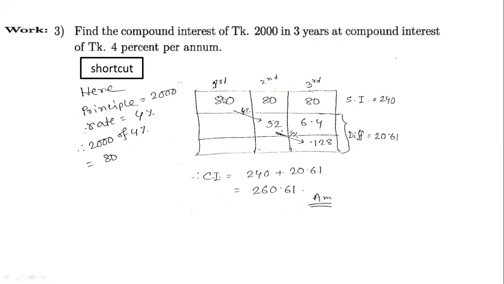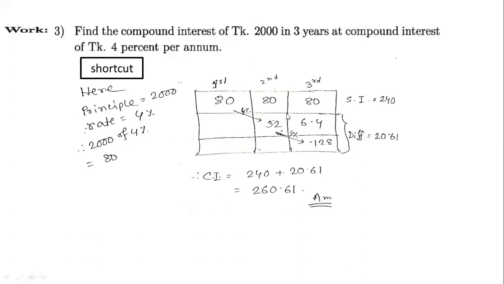So 4% of 80 will be 3.2, and the next part will come by multiplying with 2. So 3.2 into 2 will be 6.4. Then again 4% will come from the immediately previous figure. So it will be 4% of 3.2, that will be 0.128. Here 3.2, 6.4, and 0.128.